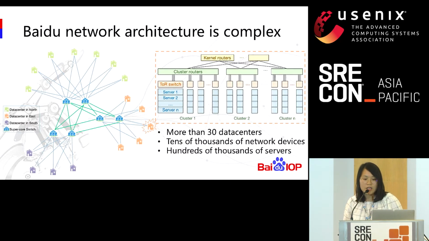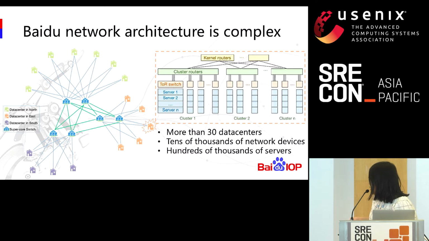Now, let's take a look at Baidu's network architecture. We have hundreds of thousands of servers. The servers are distributed in more than 30 data centers. Different data centers communicate with each other via super core switches. And inside a data center, several servers connect to the same TOR switch directly and form a TOR.